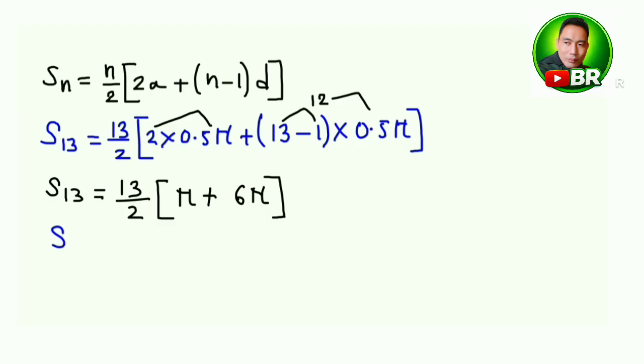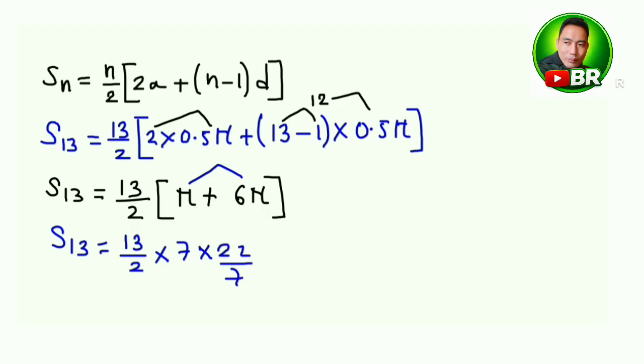Now S13 equal to 13 by 2 into 1 pi plus 6 pi will be 7 pi. 7 pi. Okay, now let's write value of pi, and as we know, pi equal to 22 by 7.